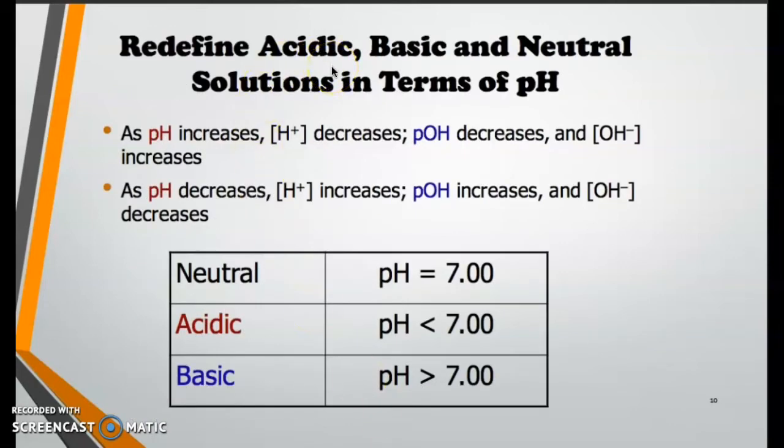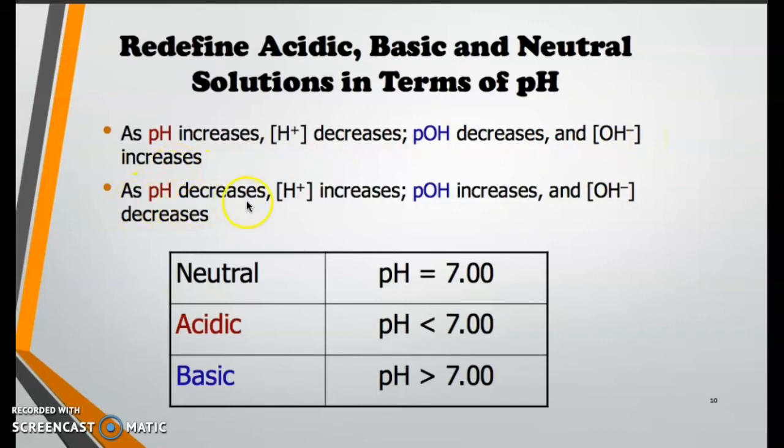Redefine acidic, basic, and neutral solutions in terms of pH. As pH increases, the concentration of hydrogen ion decreases and pOH decreases, and for the hydroxide ion, the concentration increases.